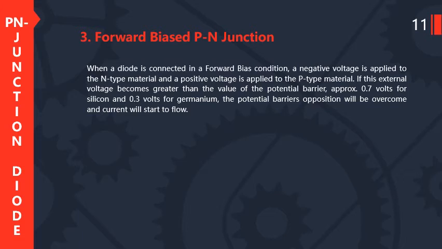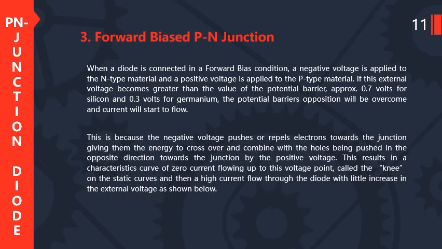If this external voltage becomes greater than the value of the potential barrier, approximately 0.7 volt for silicon and 0.3 volt for germanium, the potential barrier opposition will be overcome and current will start to flow. So the diode works like a closed switch in this condition.